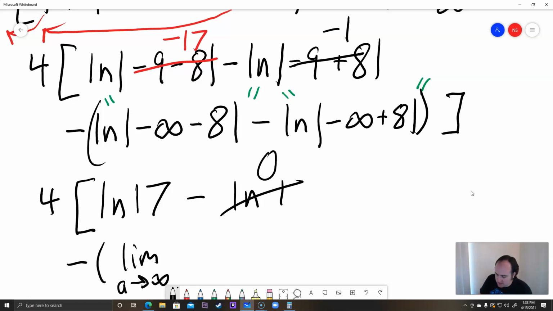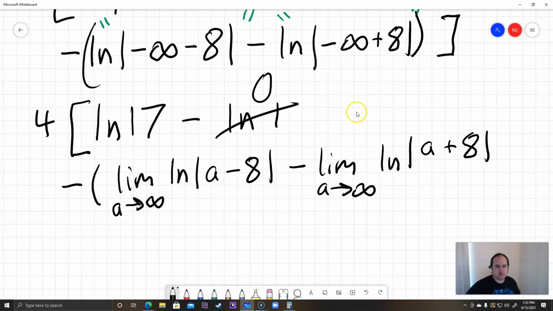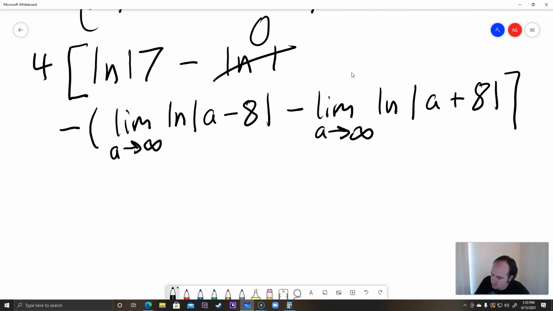Limit as a goes to infinity of ln of absolute value of a minus 8 minus the limit as a goes to infinity of ln of absolute value of a plus 8. Okay. Actually, let me scroll down here so we can see what's going on. Whew, a lot going on there.